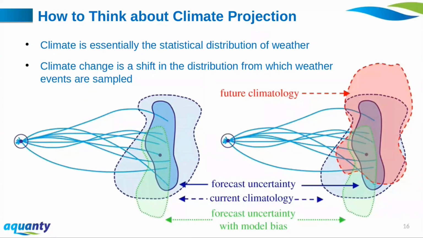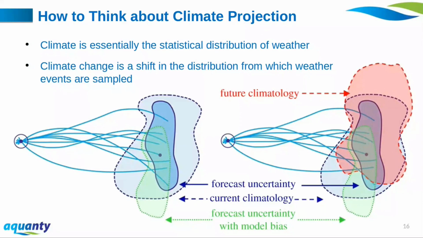Another way of doing this is averaging over a long time period. So if you have a single model and you're taking statistics over, let's say, a 30-year period, then you're actually sampling a lot more of that climate distribution. The problem is, of course, that between different models, this distribution has a somewhat different shape. And so by sampling over a large multi-model ensemble, we are actually sampling a larger, more representative distribution.